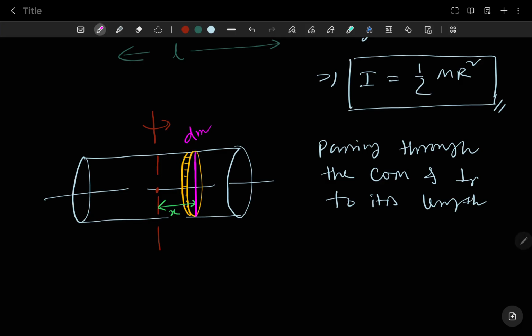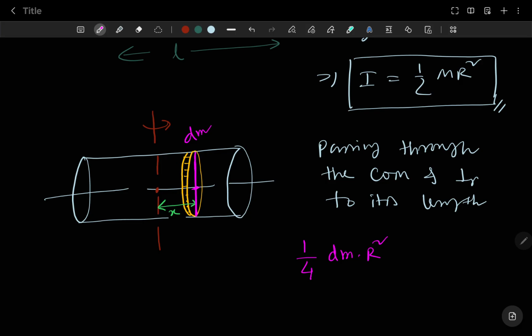Suppose the mass is dm, so about the diametrical axis it is 1/4 dm R square. This diameter is an axis passing through the center of mass of the disc.